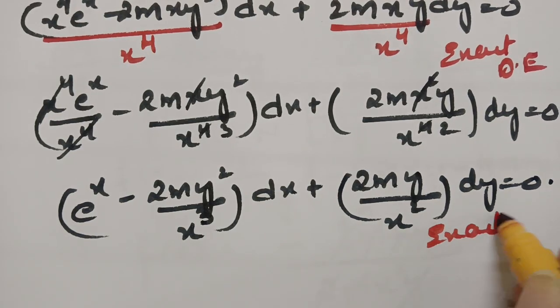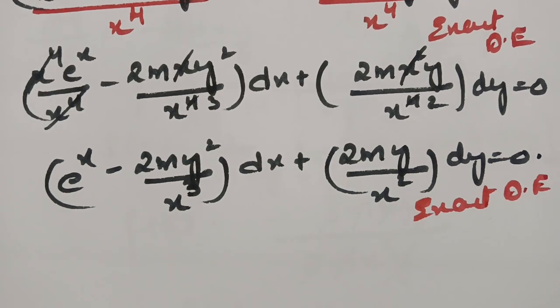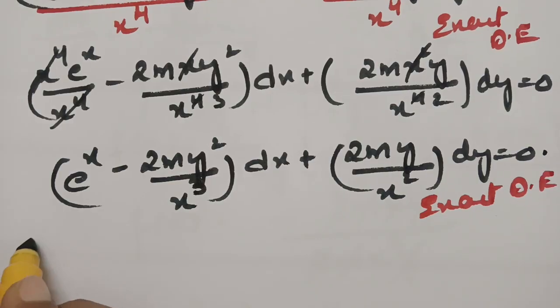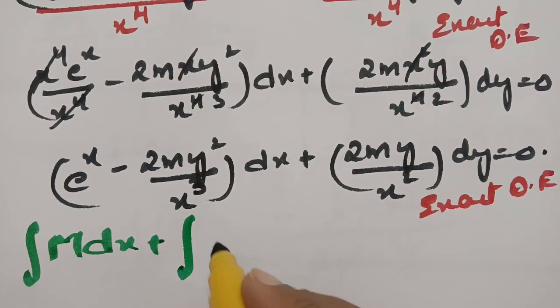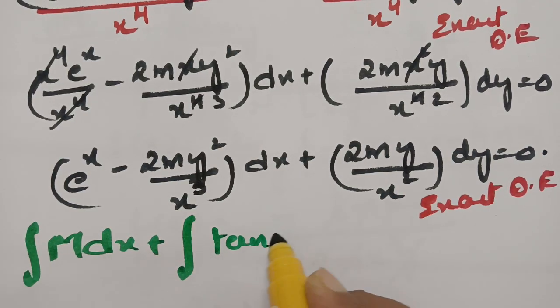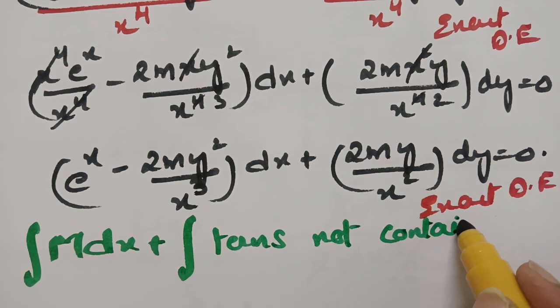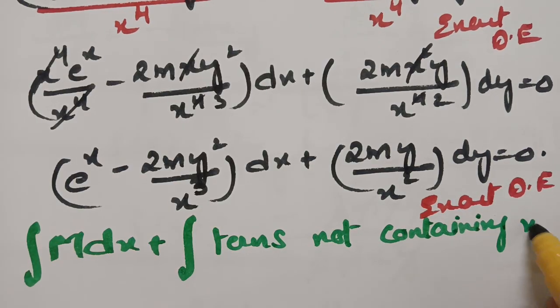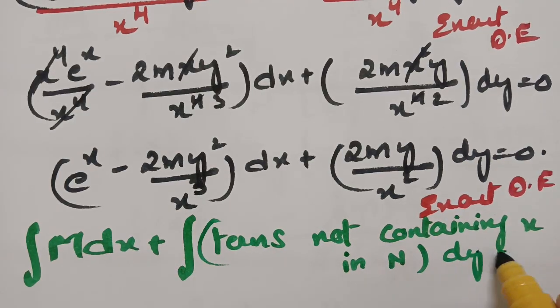As it is an exact differential equation, the solution formula here is very clear: integral M dx plus integral of the terms not containing x in N dy is equal to c.